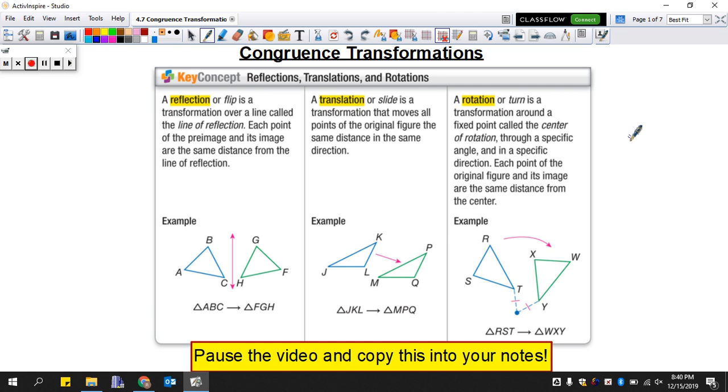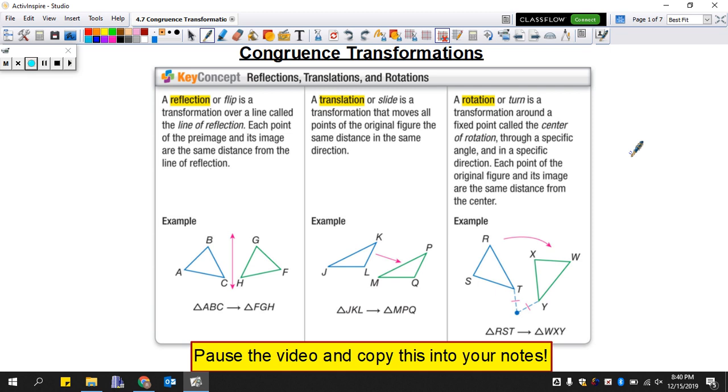A lot of times we will say that it's a specific angle rotation in a specific direction, like clockwise or counterclockwise. Most of the time it would be a 90 or 180 degree rotation. Sometimes it's something different than that, but you would specify whether it's clockwise or counterclockwise. And every point on both images are the same distance from the center.